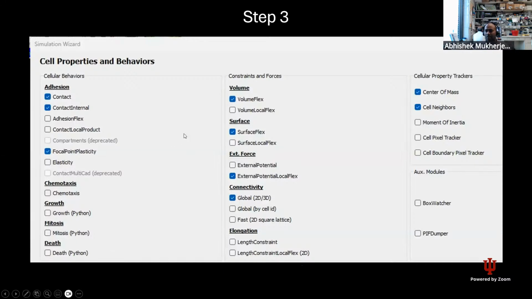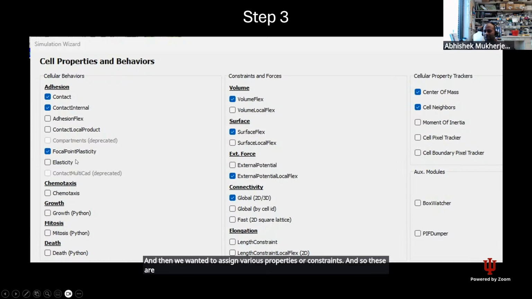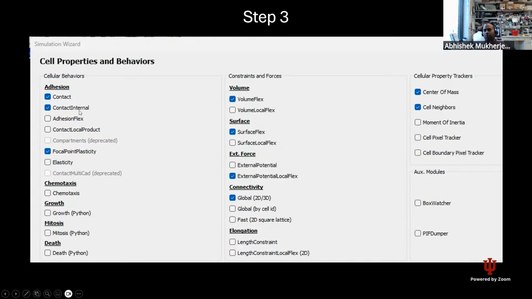And then we wanted to assign various properties or constraints. And so these are the cell properties that we wanted to assign. The first and foremost is contact, and because we also have compartmental cells, we wanted to assign internal contact energy of these cells.